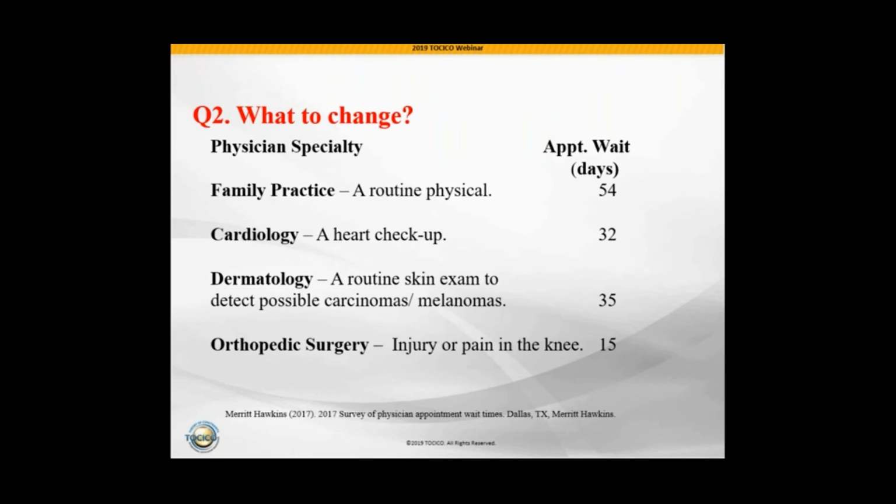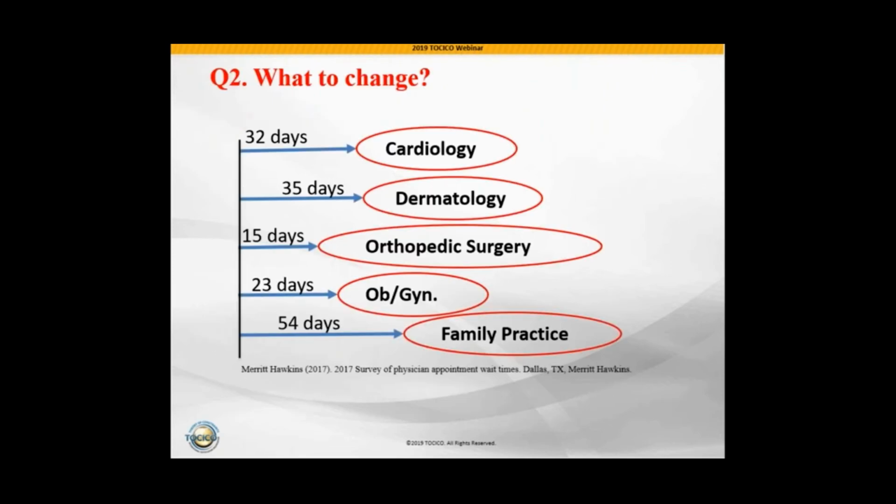These are some of the days wait times. If you call for an appointment today in the US for these types of appointments, these are the number of days you would wait. So that gives you sort of a time scale, but recognize the family practice is the gateway.